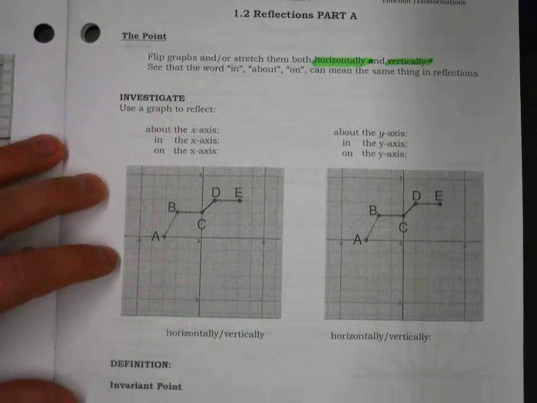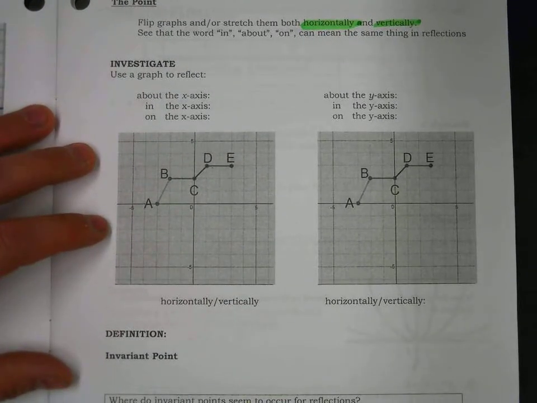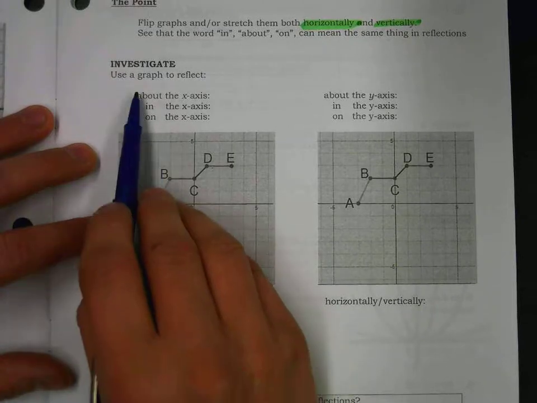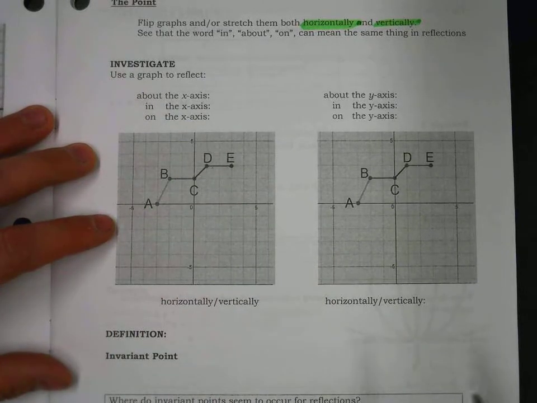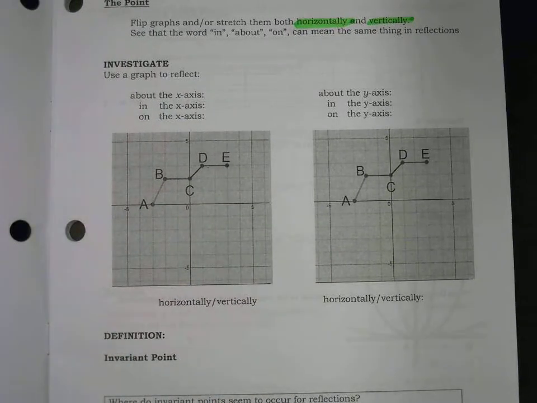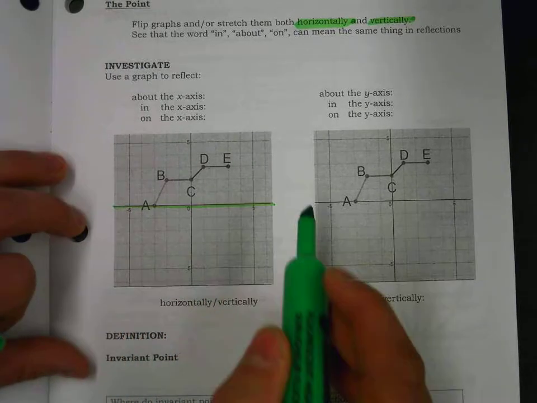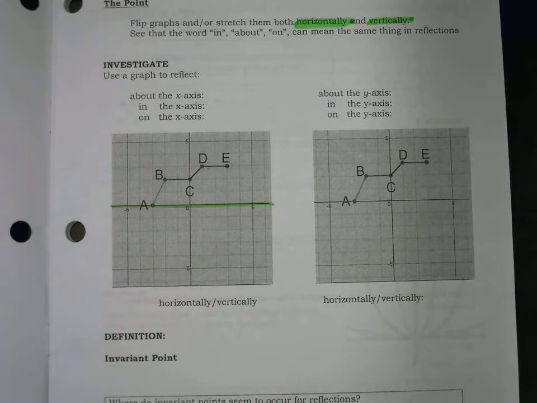So what we're going to do in our first investigation is to reflect the graph on the left about the x-axis. It does help to clearly identify what is being referred to as our flipping location.